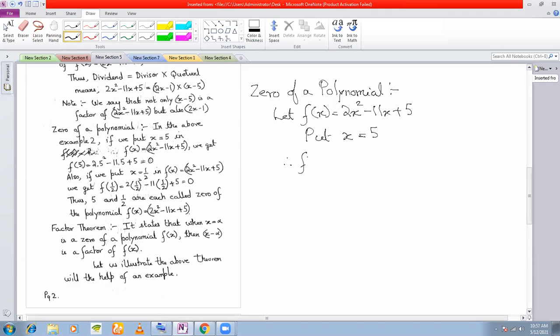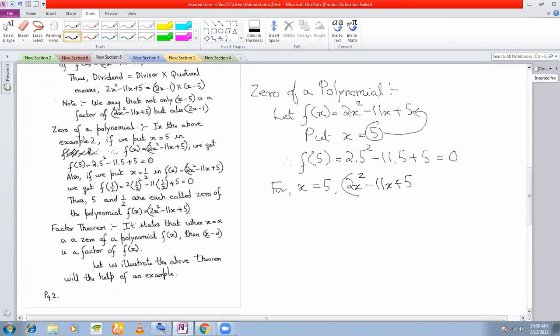Therefore, what do you get? f(5) is equal to 2 into 5 square minus 11 into 5 plus 5, which comes out to be 0. Now you see, when you put x is equal to 5, this polynomial vanishes. So for x is equal to 5, 2x square minus 11x plus 5 vanishes.